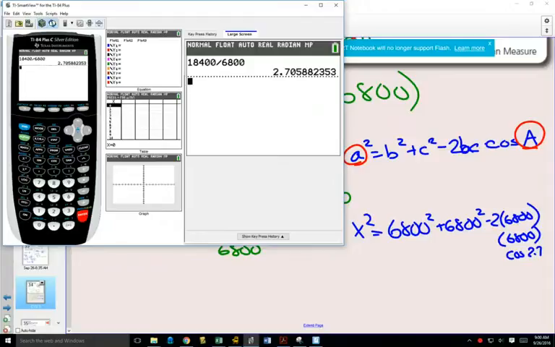Now, when I'm typing this in, everything on the right side of my equation is written out, so I can type in that all at once. 6,800 squared plus 6,800 squared minus 2 times 6,800 times 6,800 times cos of, now instead of using 2.7, because that would be rounding early, we want to use our exact answers while we're doing all of our calculations.